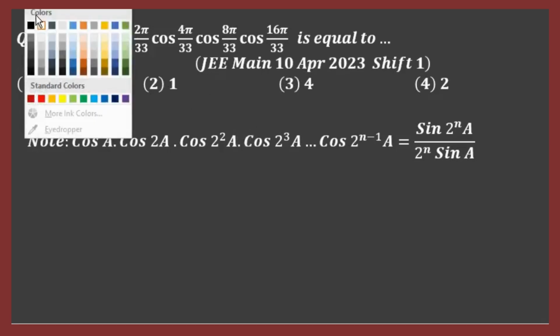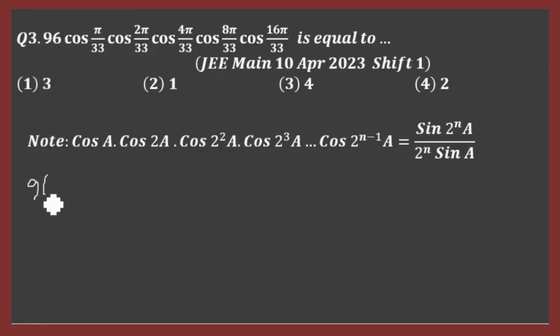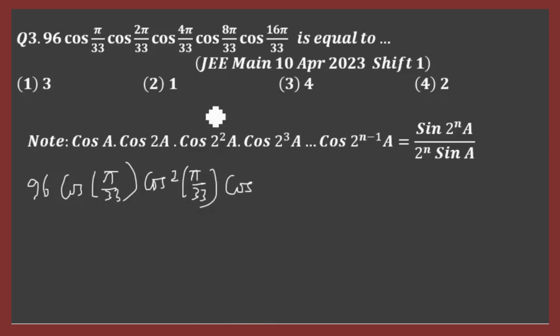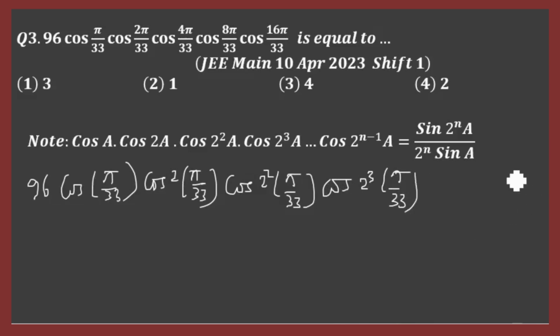Basically the question is 96 cos pi by 33 into cos 2 pi by 33, and cos 4 pi by 33, which we can write as 2 square pi by 33, and again we have cos 8 pi, so we can write this as 2 cube pi by 33, and then we have cos 16 pi, so we can write this as cos 2 to the power 4 pi by 33.